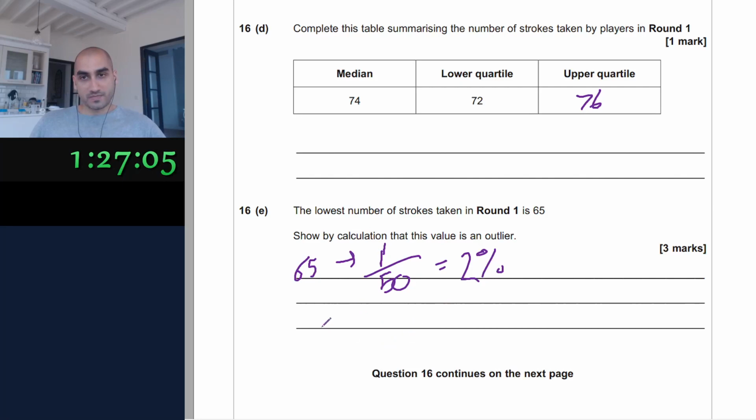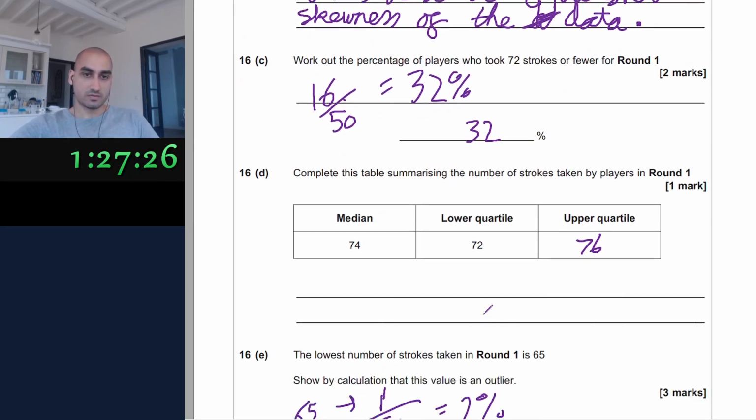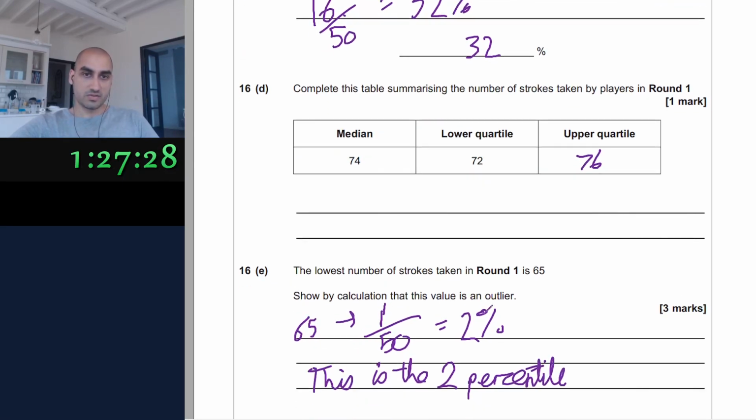So how is this 3 marks? This is the 2 percentile. Isn't that all you need to say? Or what more? Do you need to use the median?